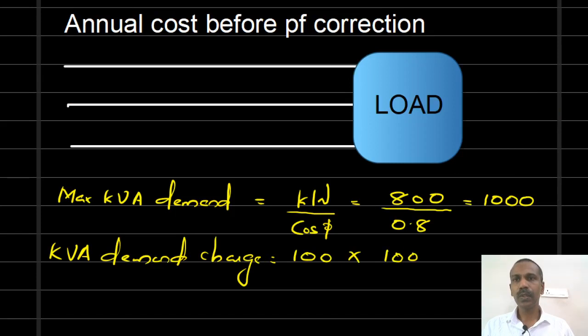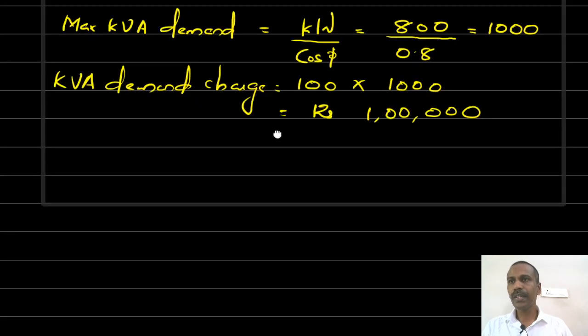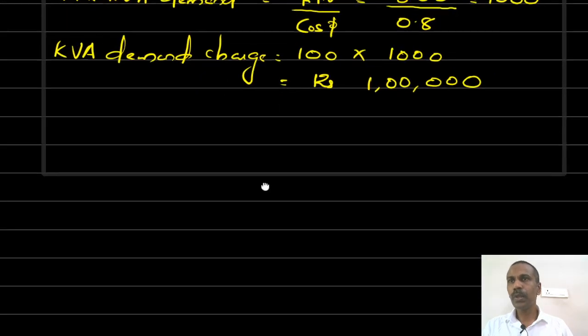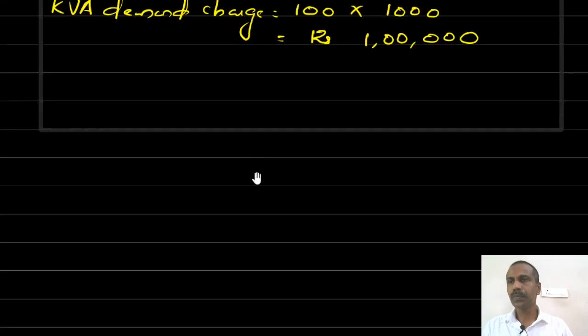It is 1000 kVA. So total charge is equal to rupees 1 lakh. This is the kVA demand charge. Now we have to find out the kWh charge. So first we'll find out the units consumed per year.